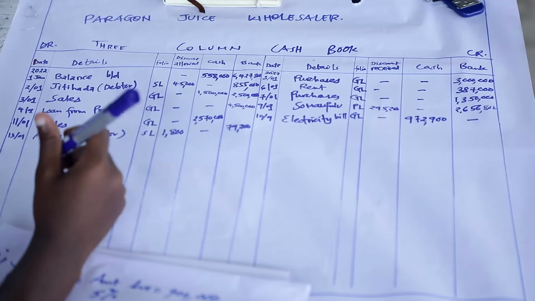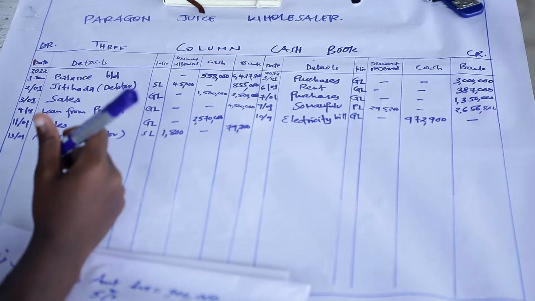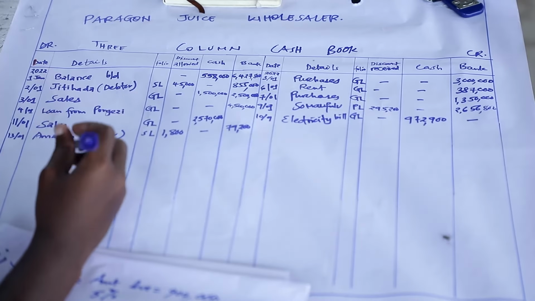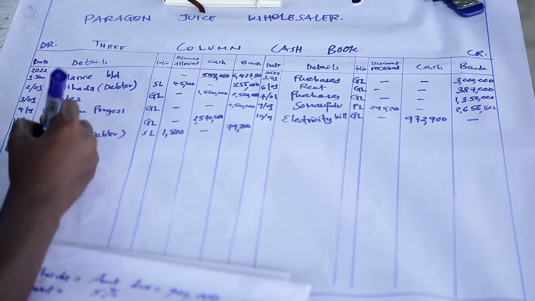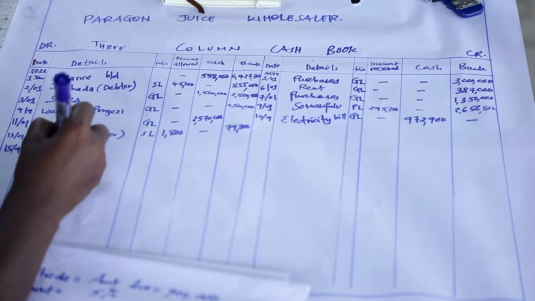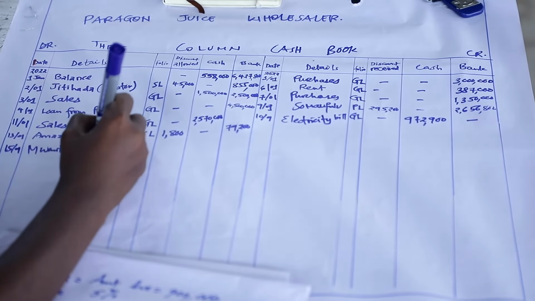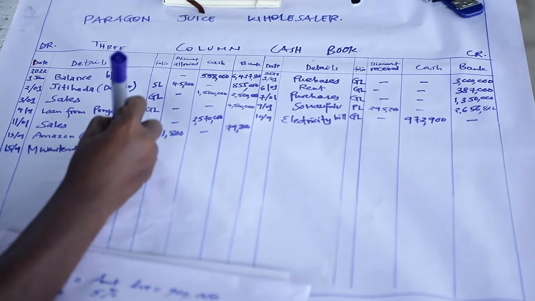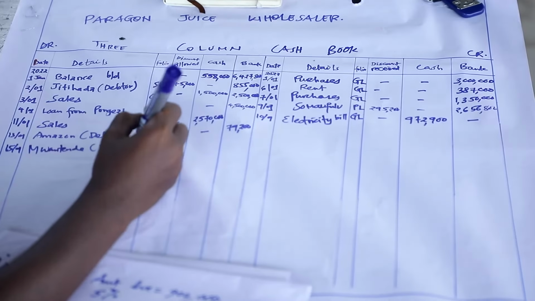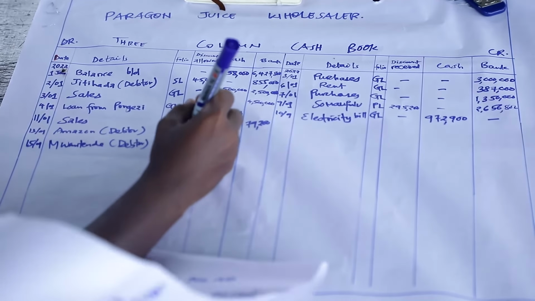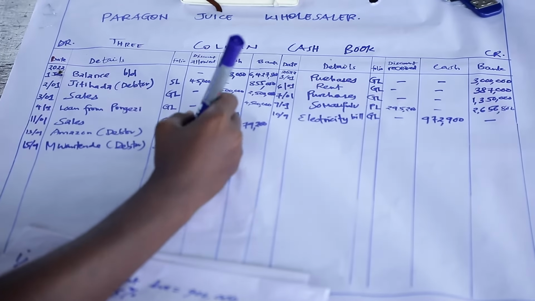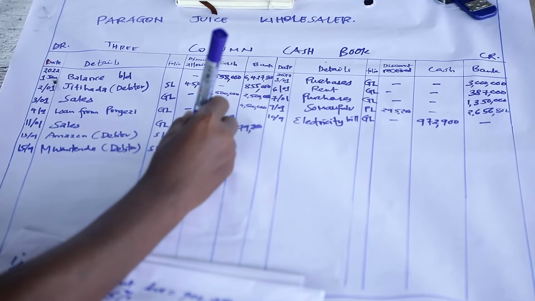Mwantende debtor paid by check after deducting 8% cash discount from 1,584,000 due to her. So Mwantende ametulipa naye. So we're going to debit Mwantende. So in bracket naweka debtor. This will go to the sales ledger. So ukitafuta 8% ya ile amount ya juu utapata discount.